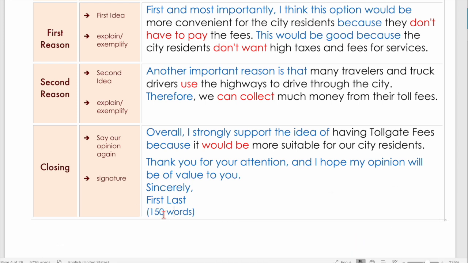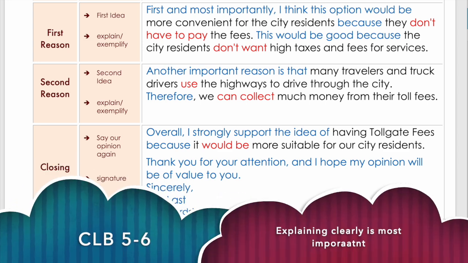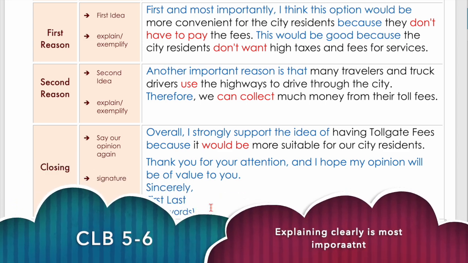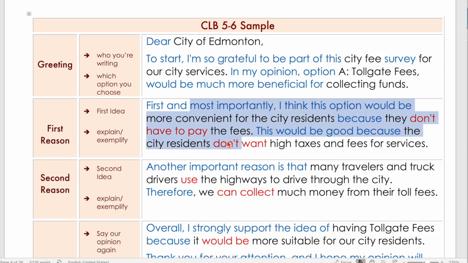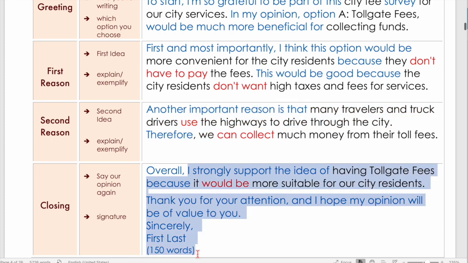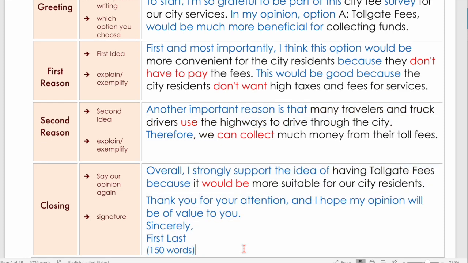That's okay. It's very important for CLB 5 to be clear, to explain things clearly. Not about the words, okay? It's just explaining clearly for CLB 5, okay? But CLB 5 has more errors in grammar and also in expression, okay?